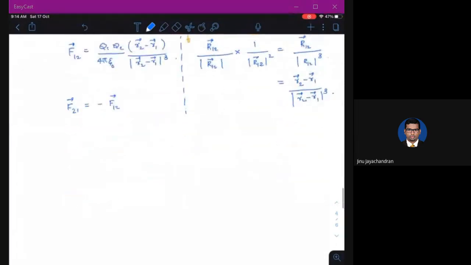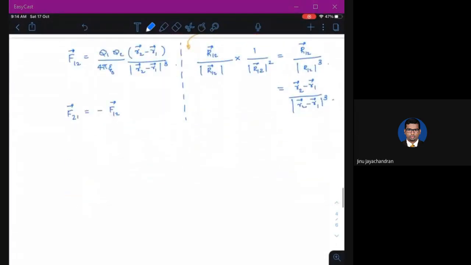Okay, if you have similarly Q1, Q2, Q3 up to Qn number of charges, the net force is given by the superposition principle, which says F is equal to, let's say on the charge Q, the force by Q1, Q2, Q3, and Qn is Q into Q1 by 4 pi epsilon 0.